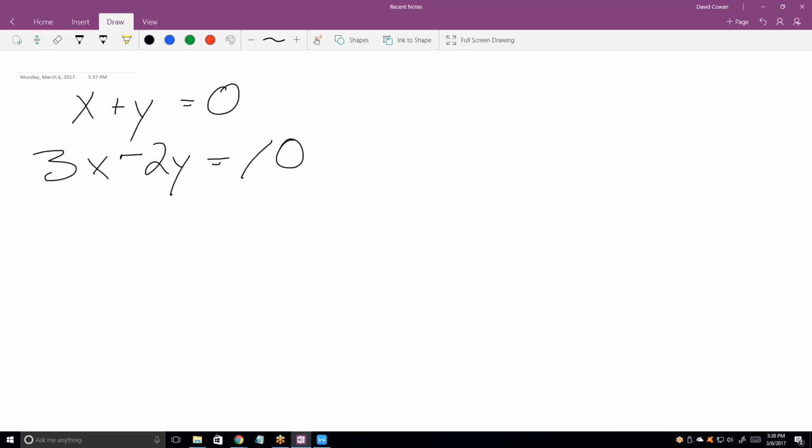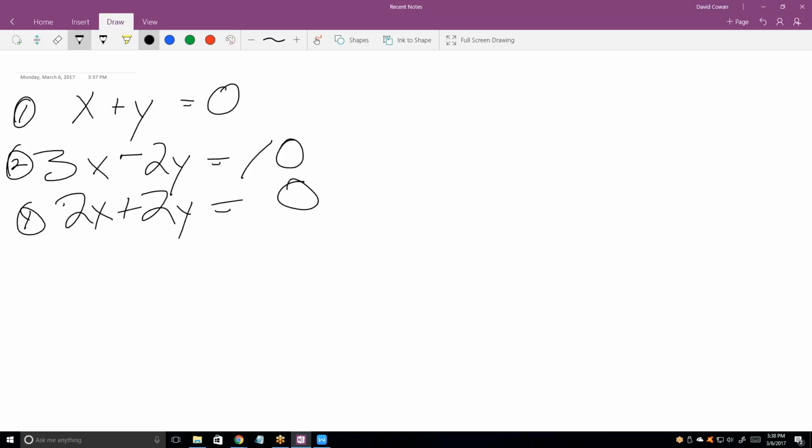It's going to be solved by elimination. So multiply equation 1 by 2. So you have 2x plus 2y equals 0. And equation number 2 stays the same, 3x minus 2y. And then you have 5x equals 10.